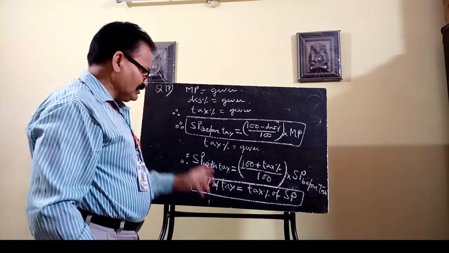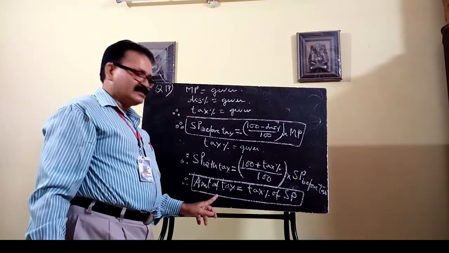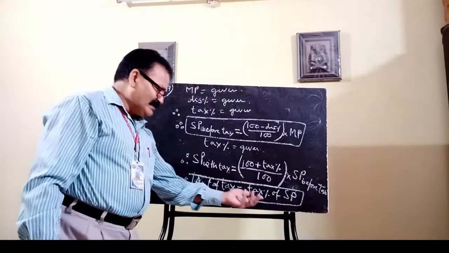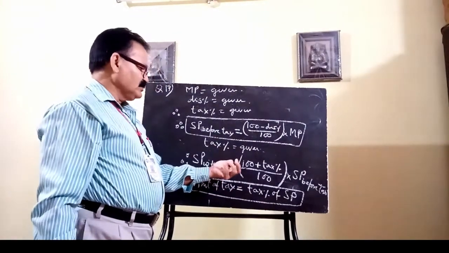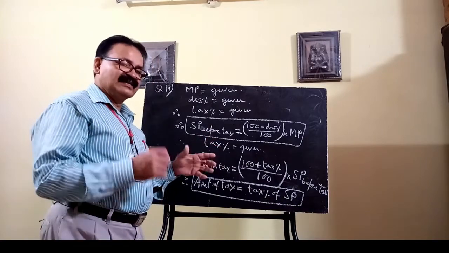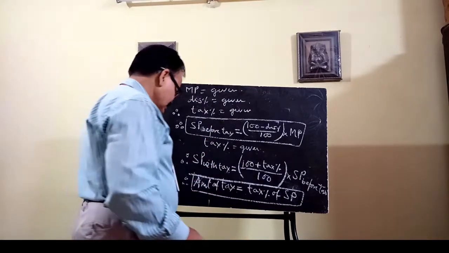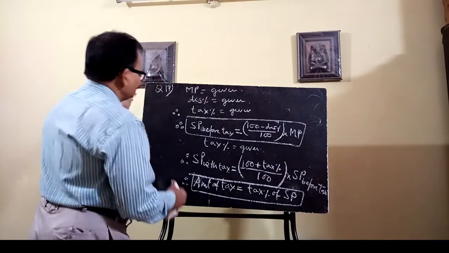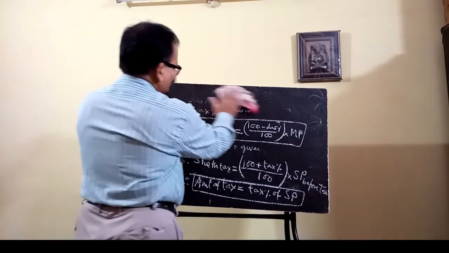By this formula also you can calculate the amount of tax. Then you add this tax to your SP before tax, and you will get the SP inclusive of tax. Okay. Now for the next, I have to remove it.